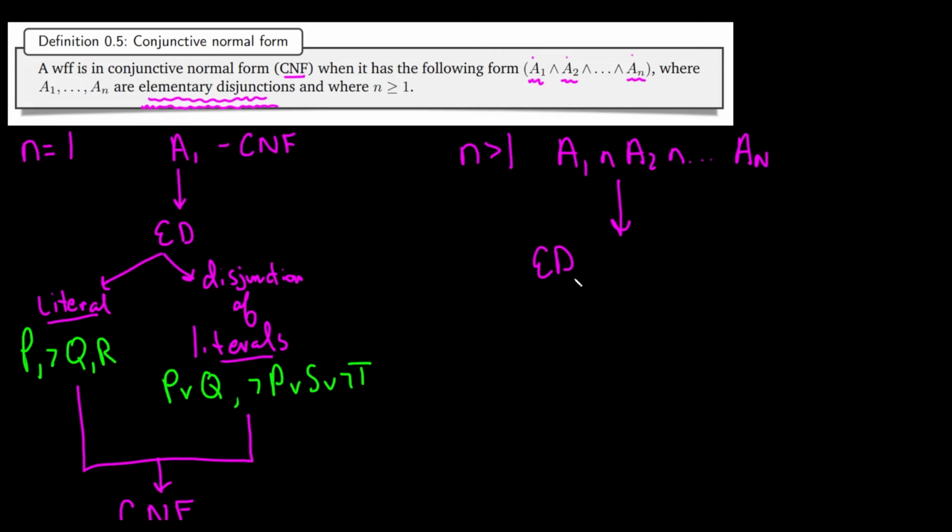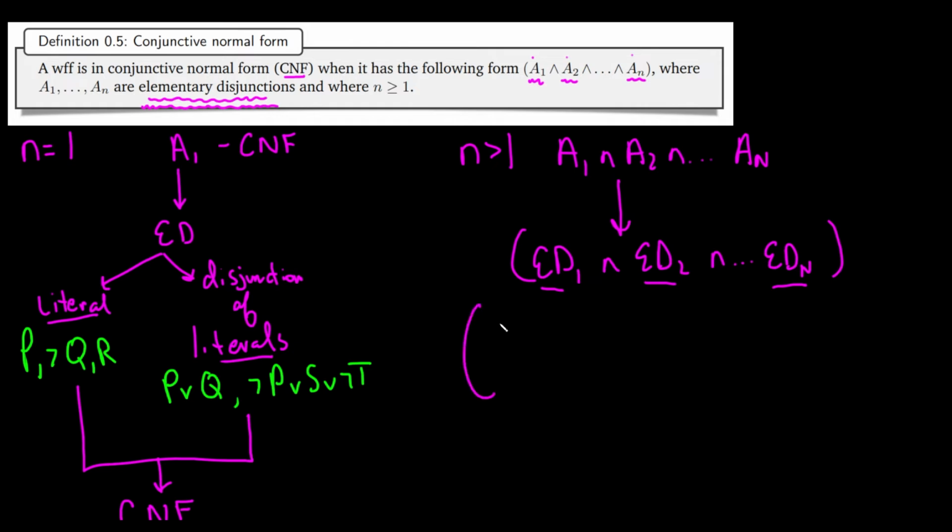So if we had a conjunction where we have elementary disjunction 1 and elementary disjunction 2 and all the way up to elementary disjunction n, so provided we have a conjunction where each one of the conjuncts, each one of these subformulas here, are elementary disjunctions, then it would be in conjunctive normal form.